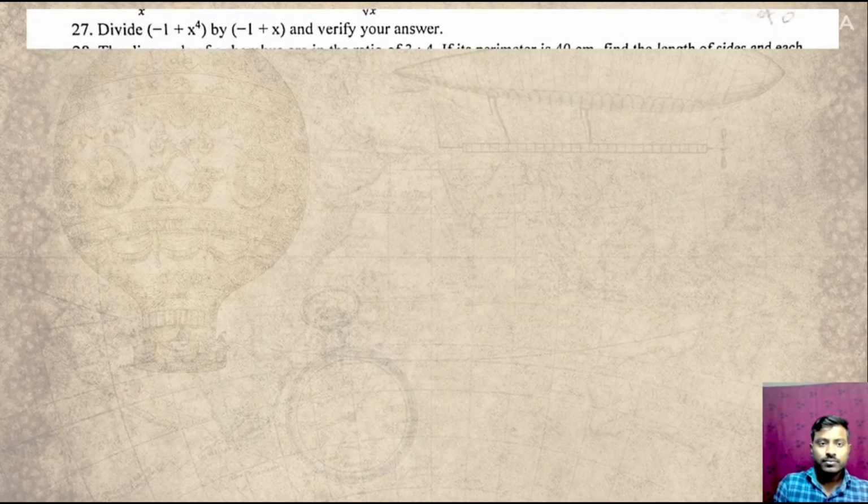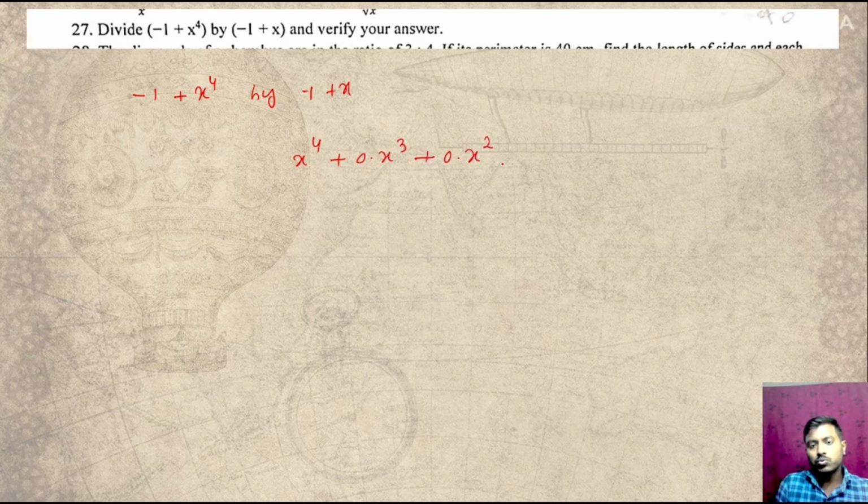Divide minus 1 plus x to the power 4 by minus 1 plus x. So first write down x to the power 4 plus 0 into x to the power 3 plus 0 into x to the power 2 plus 0 into x minus 1, divide by x minus 1. Now x into x cube is equal to x to the power 4.